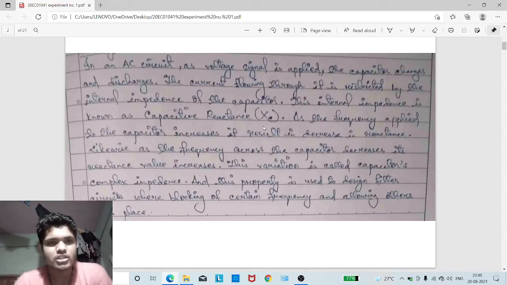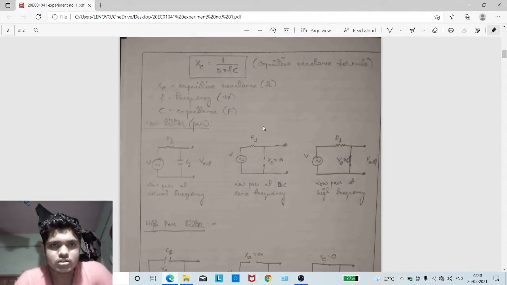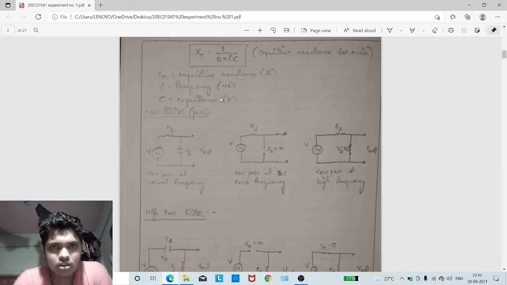This internal impedance is the capacitive reactance, and as the frequency applied to the capacitor increases, the result will be a decrease in the reactance. Now this XC, the impedance due to the capacitor, will be 1 by 2 pi fC, where f is the frequency of the voltage source and C is the capacitance.